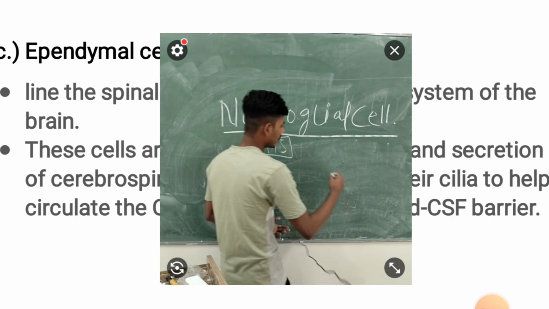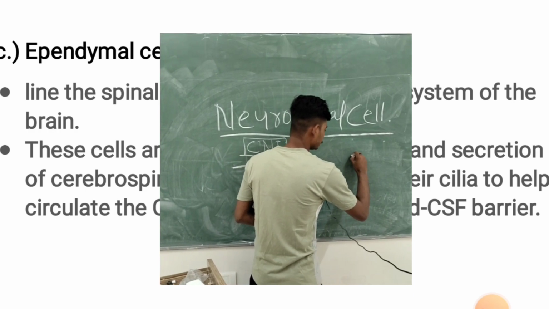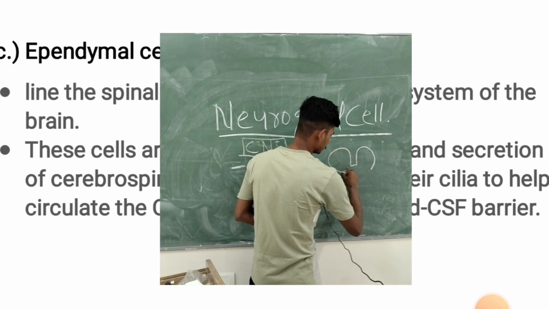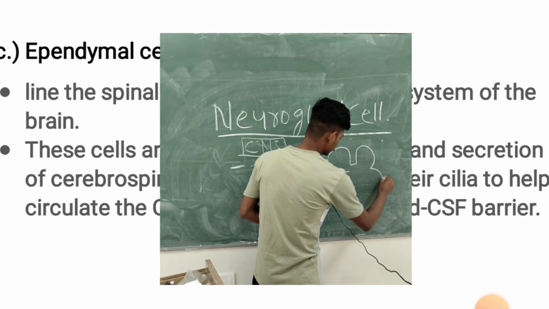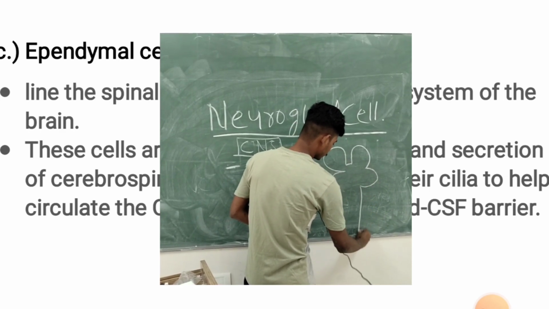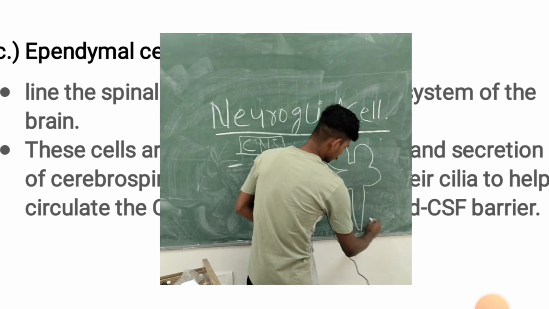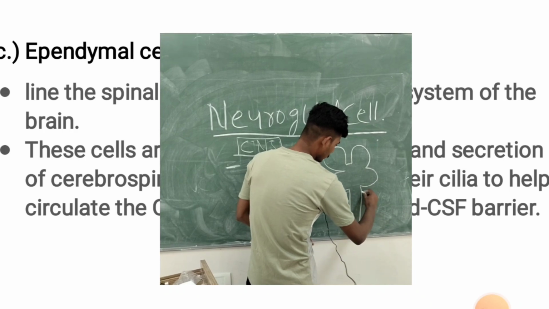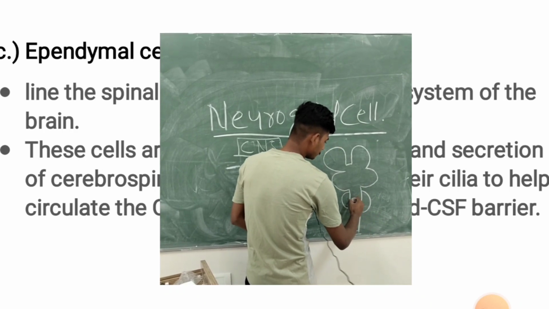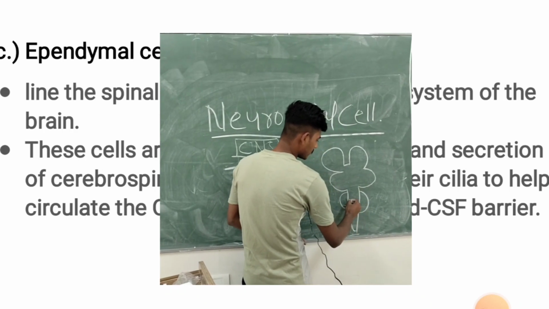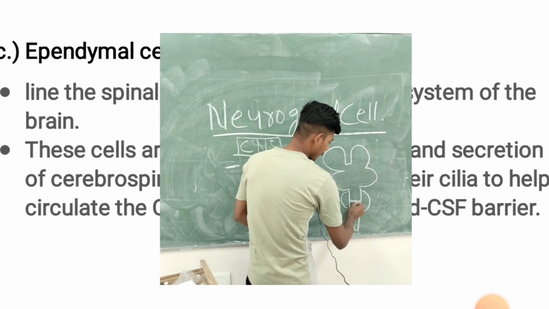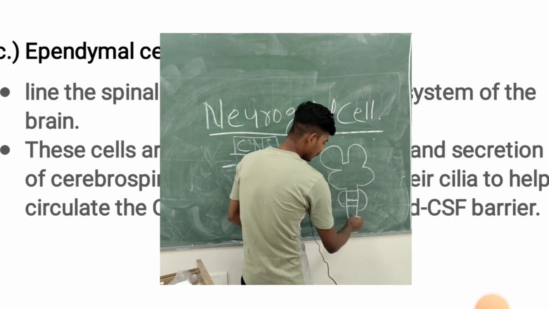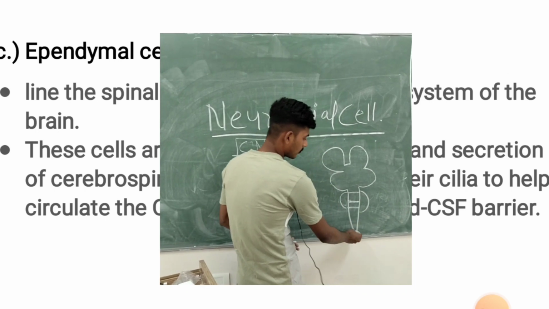If I draw the diagram of the central nervous system, see, there is the presence of the cerebellum, and these are the pons, medulla, and this is called the spinal cord.